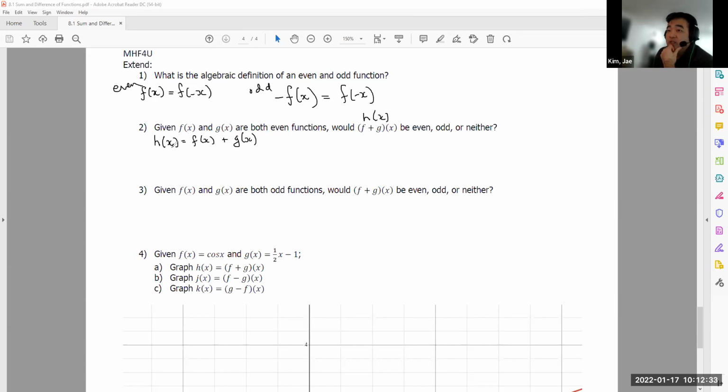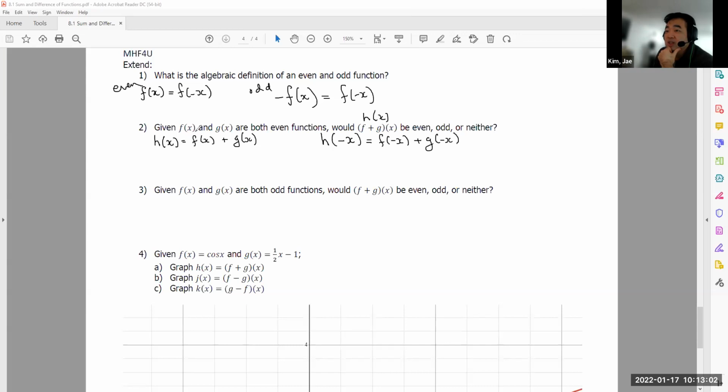So if this was in fact even, what would it be? Well, let's pretend we plug a negative x into the equation. Well, by the superposition principle, what does that mean for the entire function? If the x value for h is negative x, then the x value for f is negative x, and the x value for g is negative x.